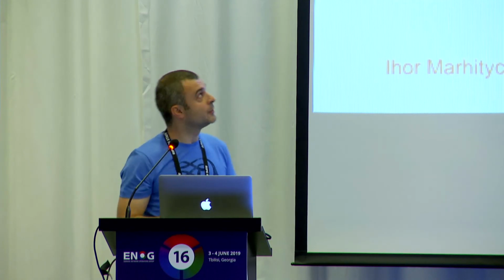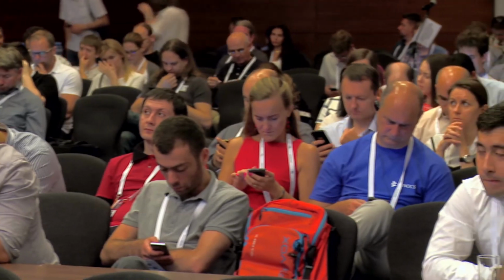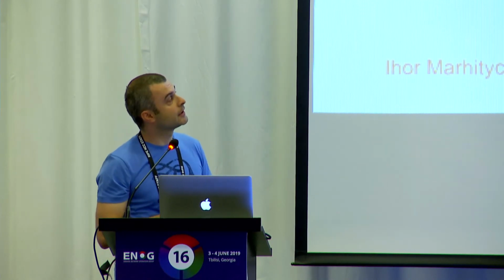When we worked on constructing the application, we faced some problems and challenges, because if you make software for different platforms, they are quite different, or at least slightly, because different platforms bear different problems. Even between versions of Android, you can find several nuances. Also, push notifications bear some difficulties. That's why we need to use the services of Google and Apple.